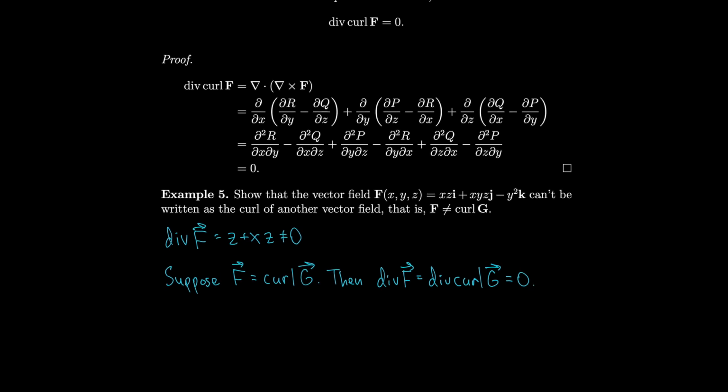We just proved the divergence of the curl of a vector field has to be 0. So the divergence of the curl of g must be 0. But we just said the divergence of f is not 0, so there's no way that f could be the curl, because if we take the divergence of both, they should match up. So this is a contradiction, which means that f cannot be written as the curl of g.